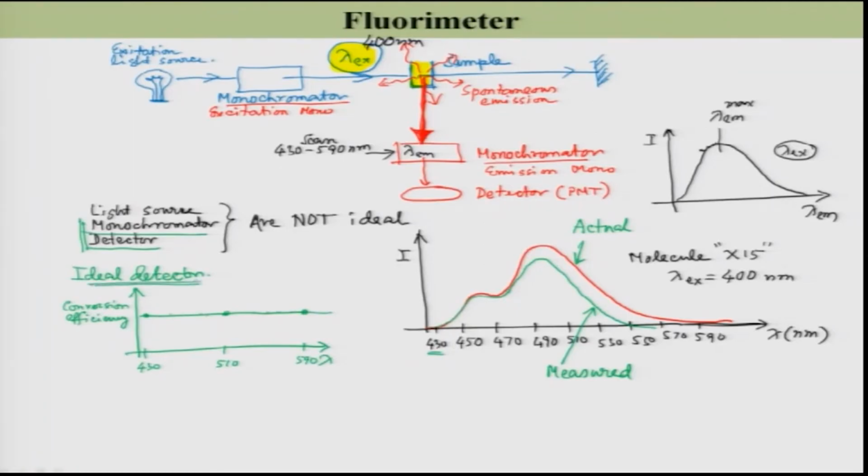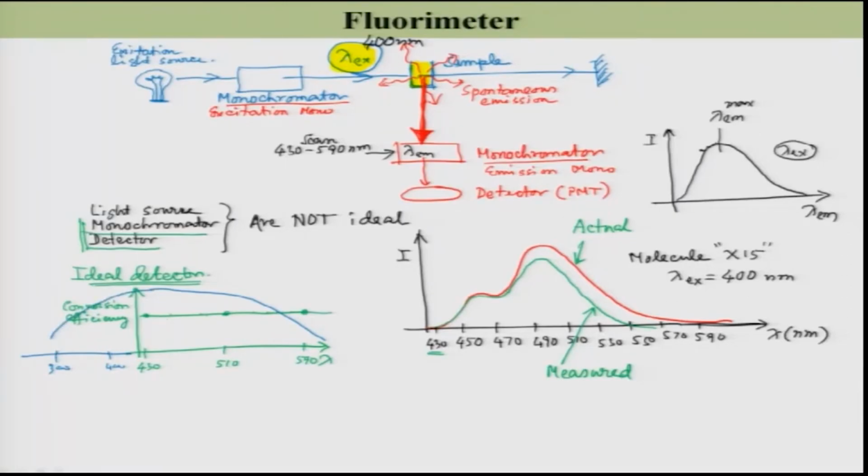But if you really see the real curve of this conversion efficiency of a detector, that looks completely different than this. It looks something like this in this region. And if I extend it over here, 400, 300, then it is something like this.